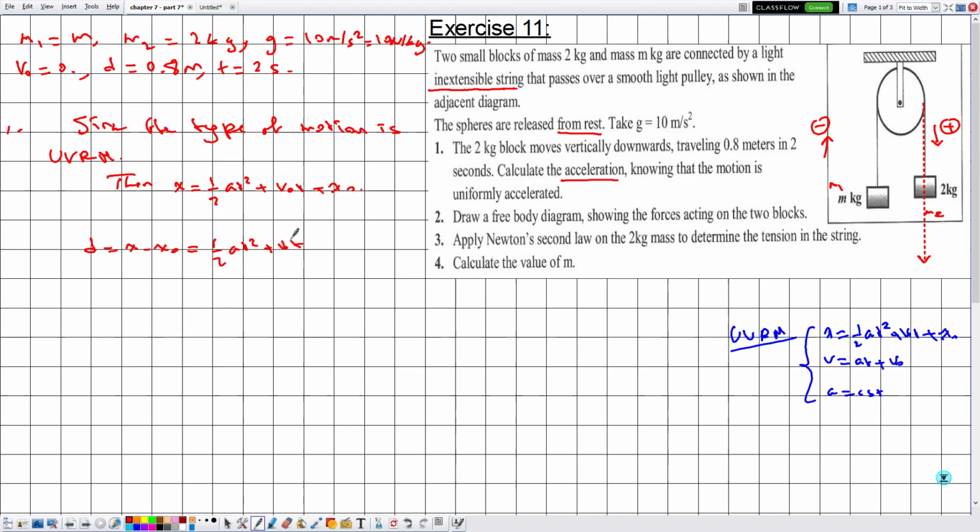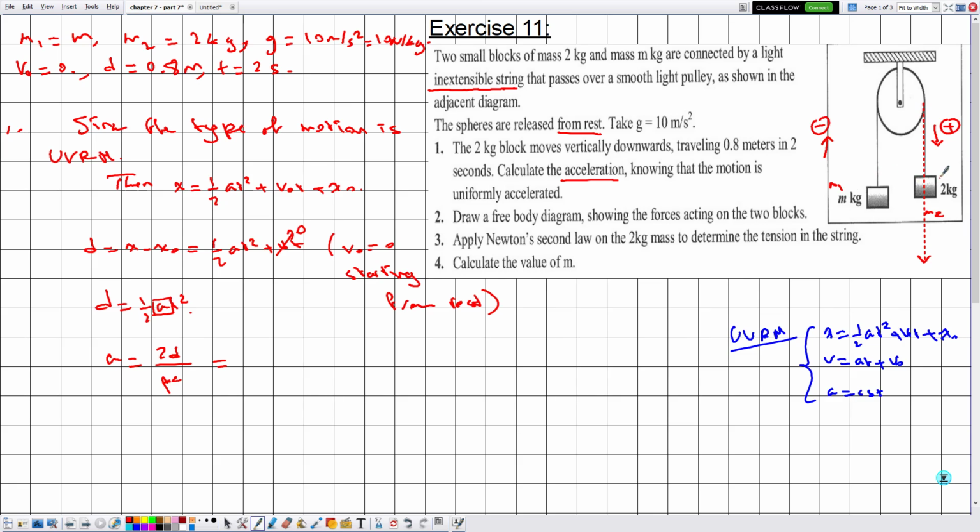Now this is 0 because v0 is equal to 0, starting from rest. So d is equal to half a t squared, and we are interested in determining the value of a. So a is given by 2d divided by t squared.